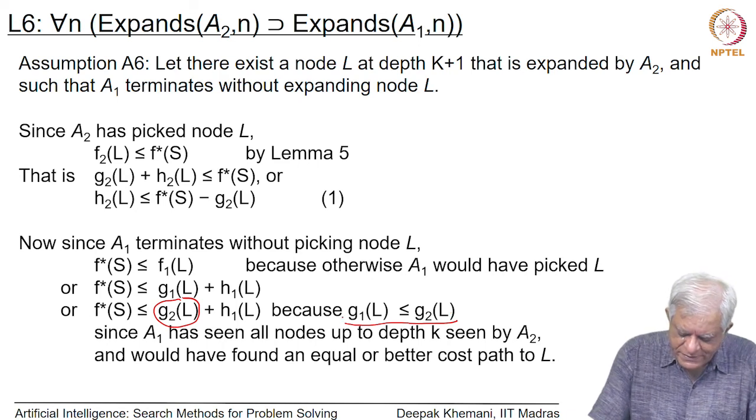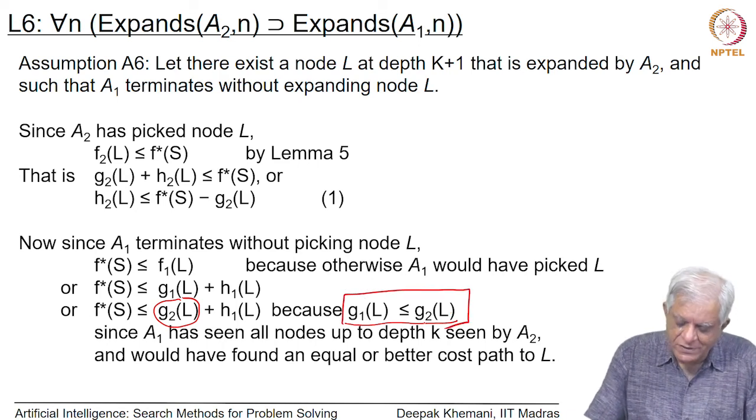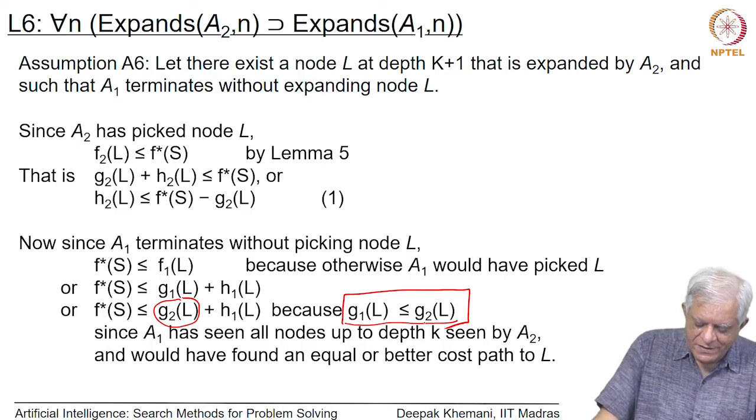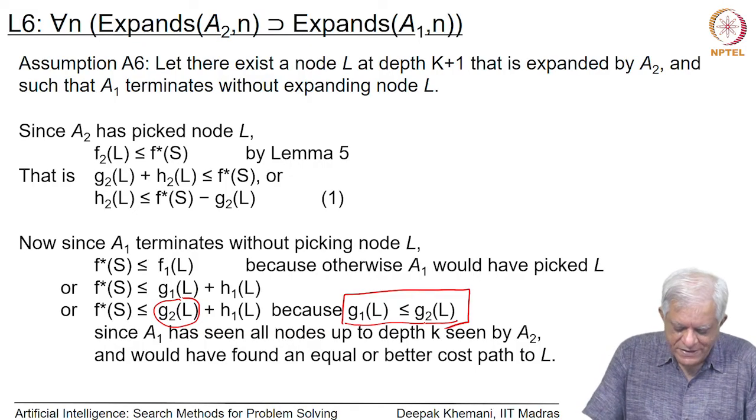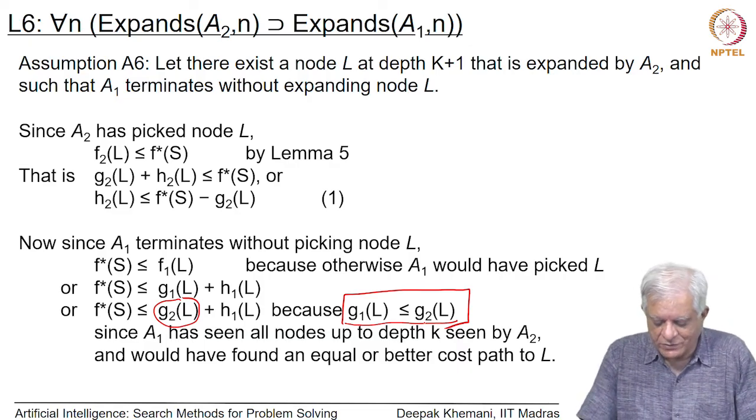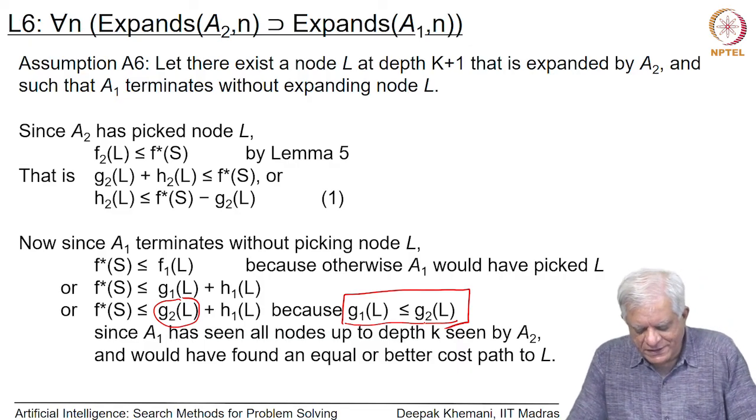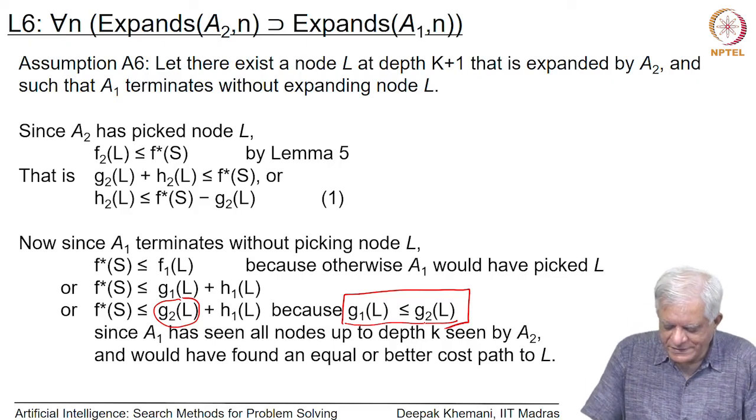Why is this true? Simply because of the induction hypothesis: since A1 has seen all the nodes up to depth k seen by A2, it would have found the path that A2 found, but it might even have found a shorter path. Therefore, G1 of L should be less than or equal to G2 of L.